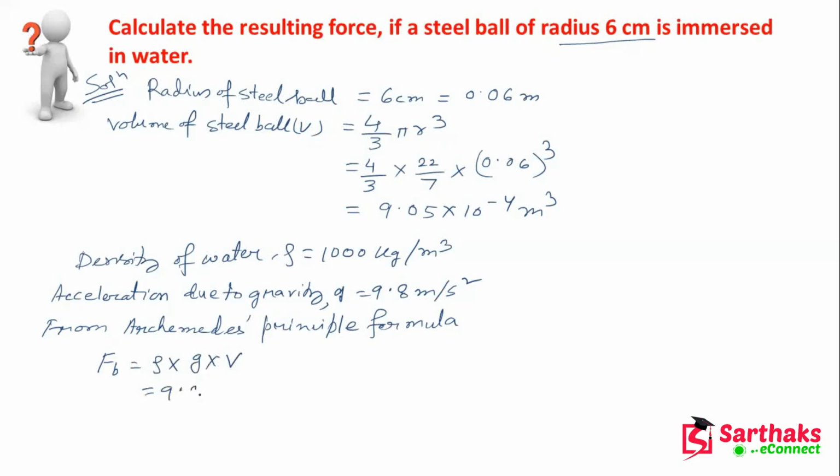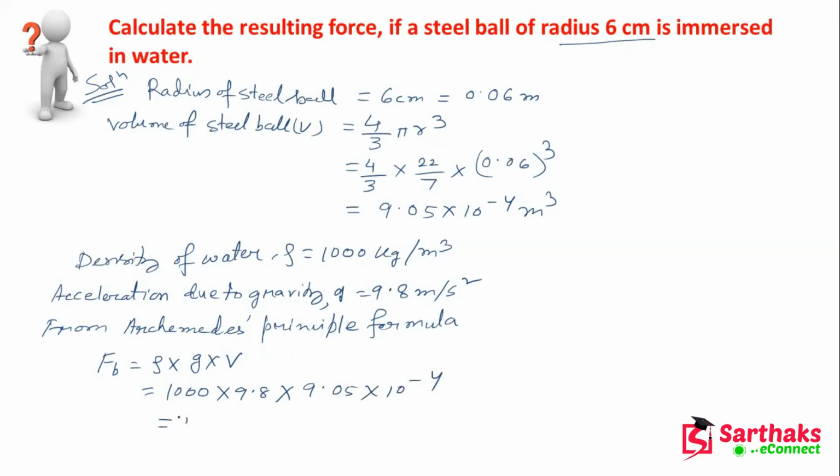So 9.8, that is G, thousand, 9.8, 9.05 into 10 to the power minus 4.